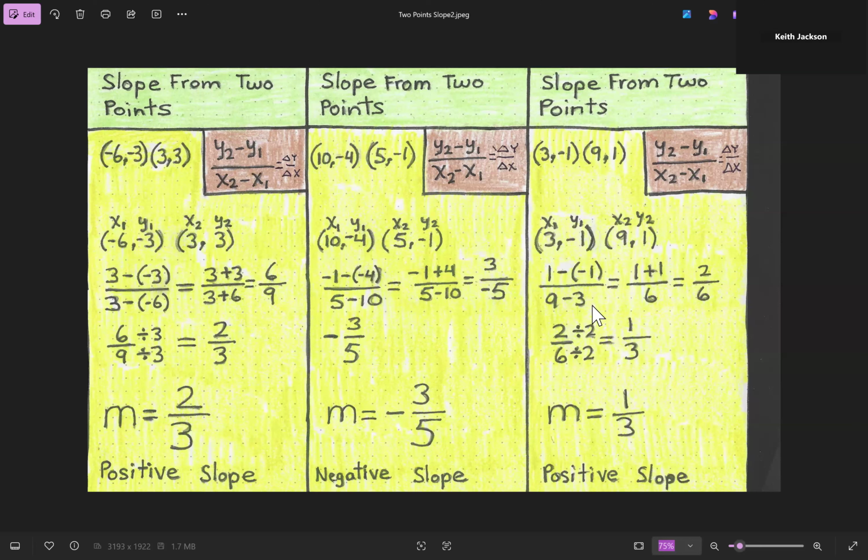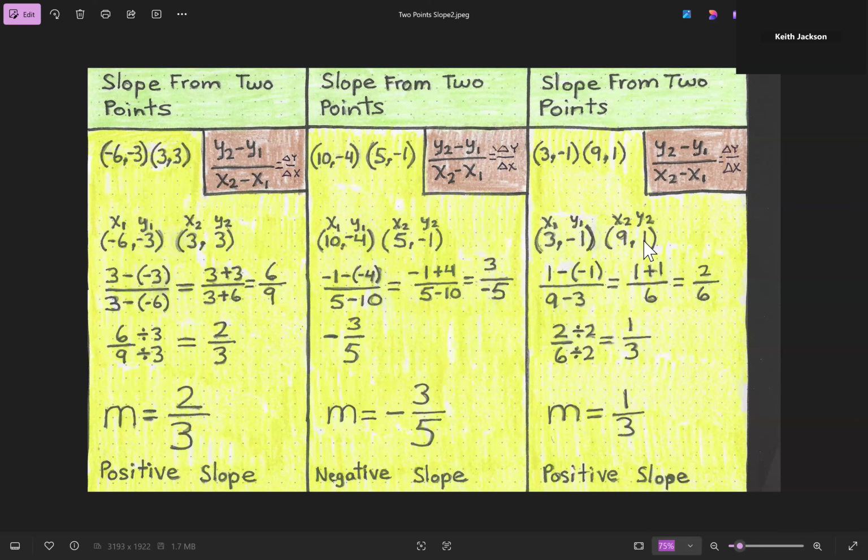And finally, let's go to our third big example in which we have one point at 3 comma -1 and the other point at 9 comma 1 using y sub 2 minus y sub 1 over x sub 2 minus x sub 1, keeping in mind that the change in y is over the change in x. And let's just keep it simple by naming our points with their values. And so we're going to call this one x sub 1 along with its y sub 1, and we're going to call this one our x sub 2 along with its y sub 2 right here.